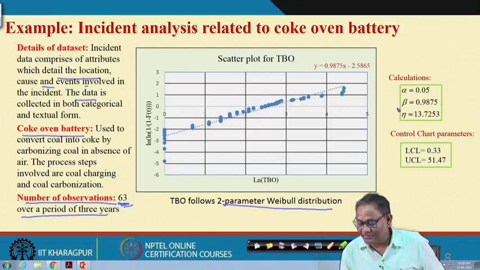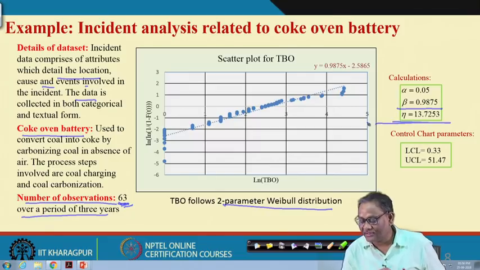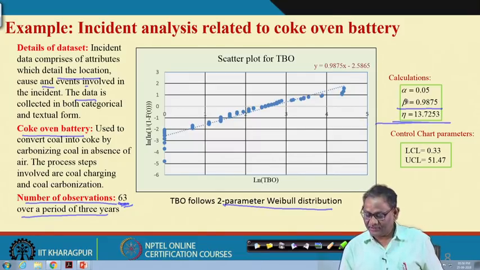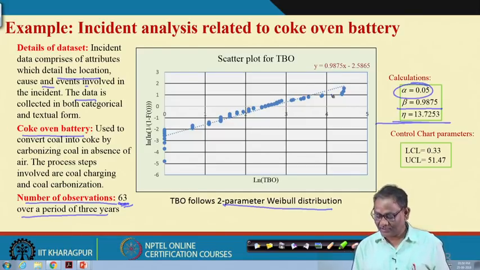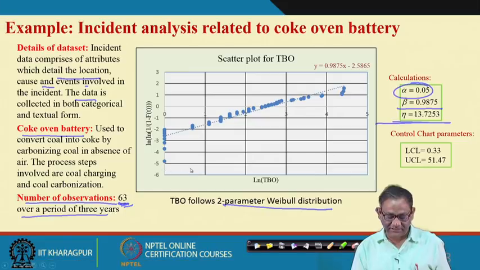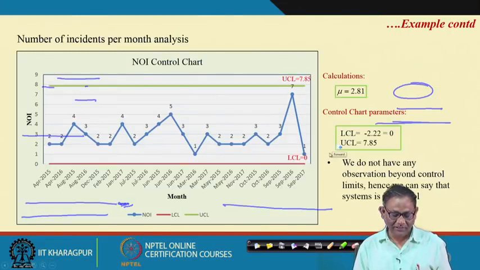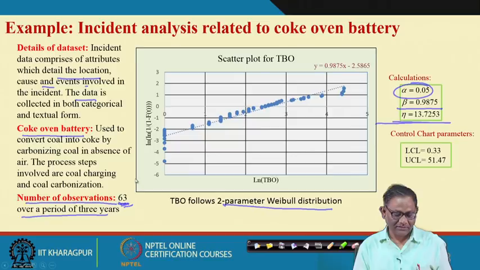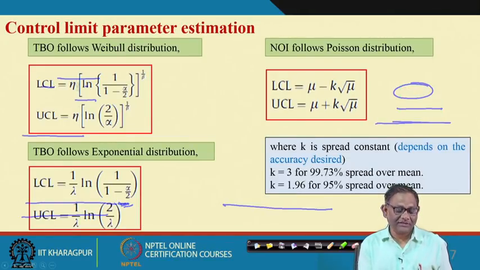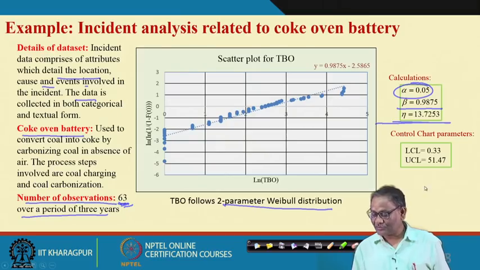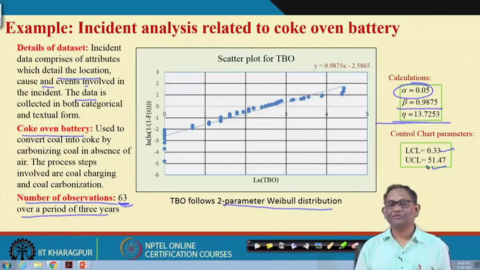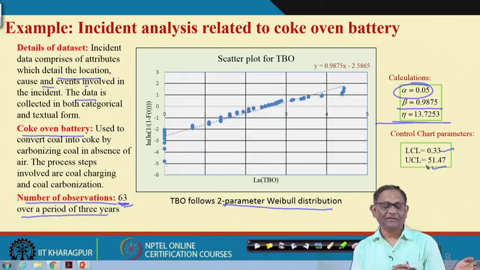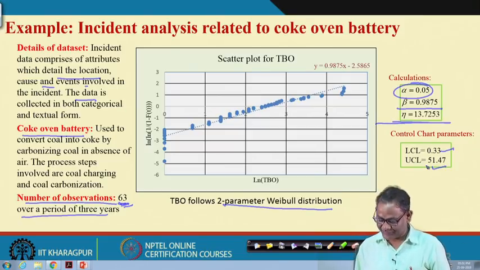Then beta and eta were calculated, and using alpha equal to 0.05 and the LCL and UCL formulas, we got the LCL and UCL values. That is the chart I have shown you earlier. So, 63 data points were captured and used.